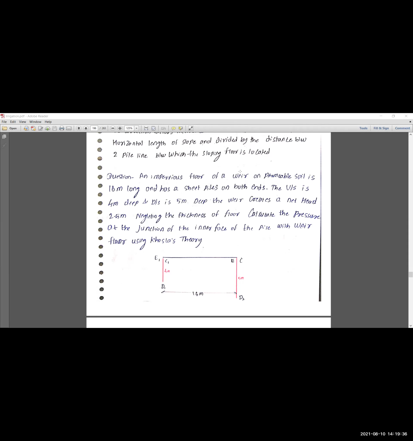So the upstream is 4 meter deep and downstream is 5 meter deep. Also, the weir creates a net head of 2.5 meter.